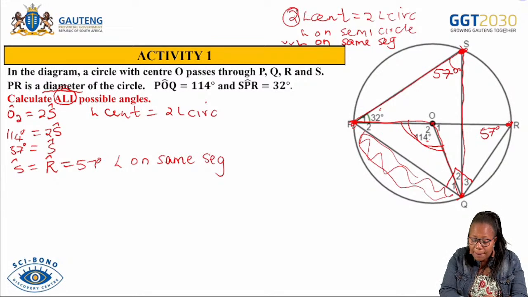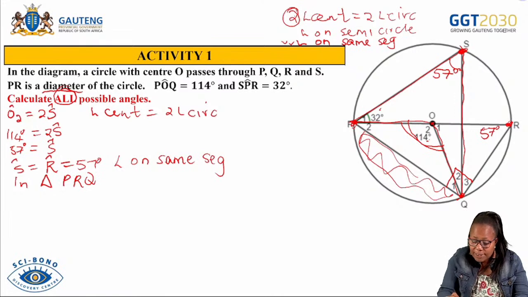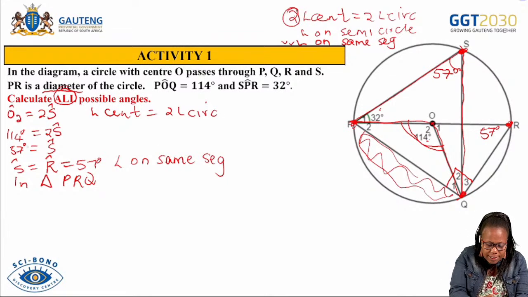Now in triangle PRQ, we have two angles now. We have Q there, which is 90. We have R, which is 57. Have we talked about 90 somewhere here? No. Therefore, we must tell why Q is 90 degrees.